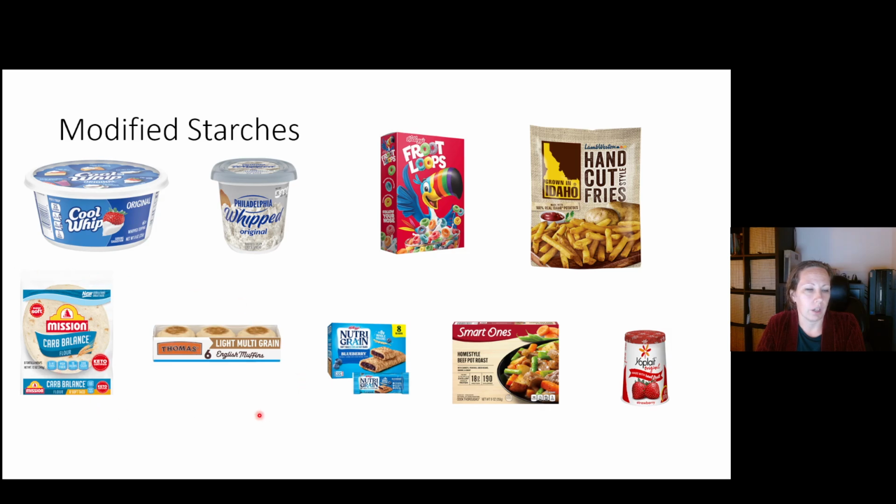Here we have special low carb tortillas and English muffins. How they make low carb breads is that they use a modified starch called resistant starch.